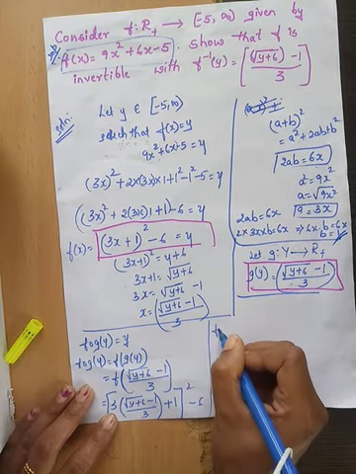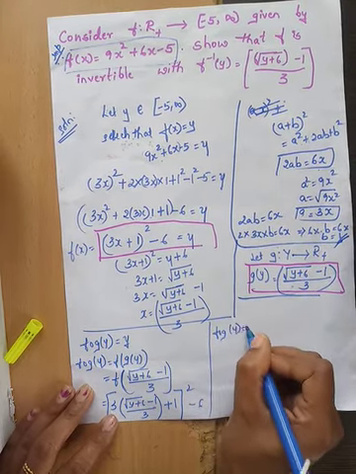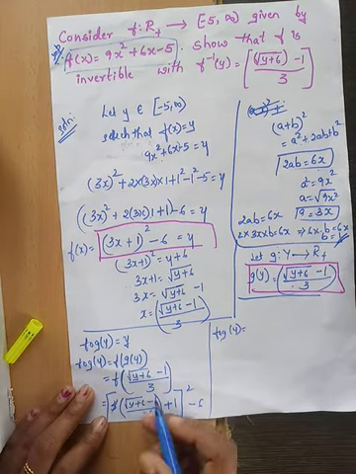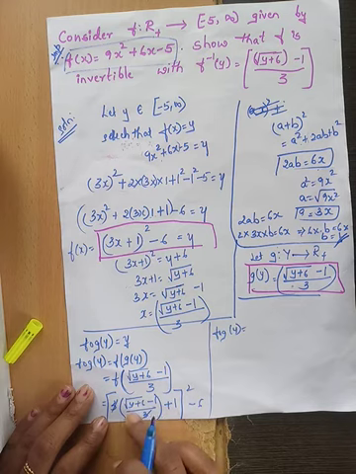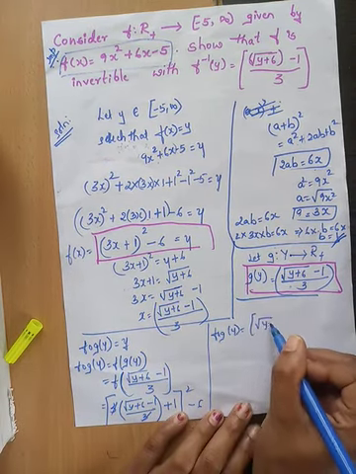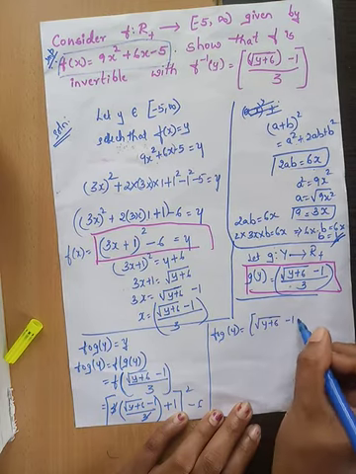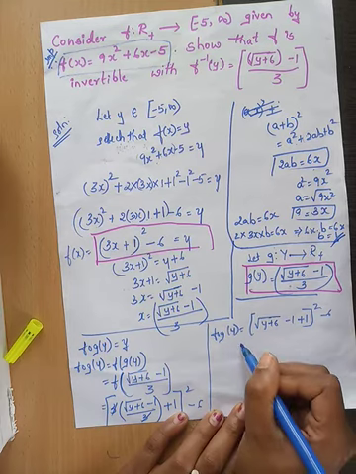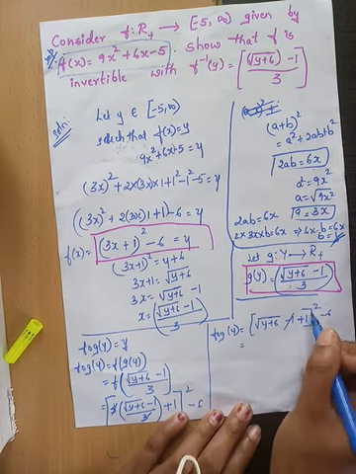So f composition g of y is equal to 3 gets cancelled, correct, since it was multiplied, you can cancel. What is remaining in the bracket, square root of y plus 6 minus 1 plus 1 whole square minus 6. So minus 1 plus 1 gets cancelled.